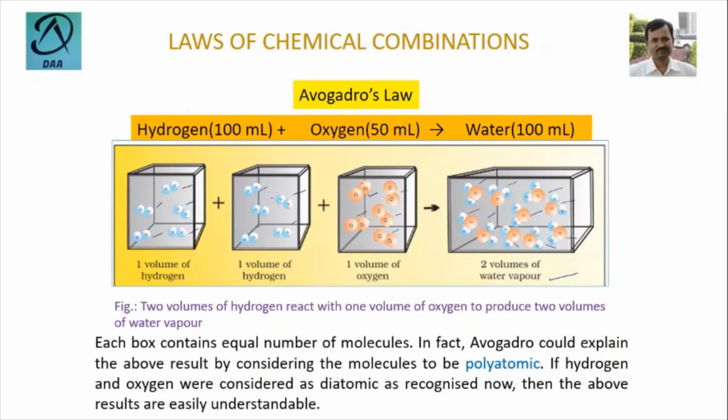So from this figure, it is clearly understood that the same volume has the same number of molecules. And here the concept is that molecules are to be considered as polyatomic, which is later simply called the molecule.